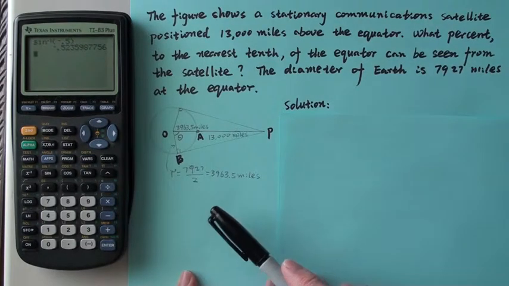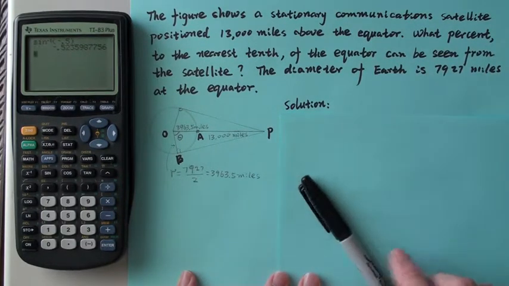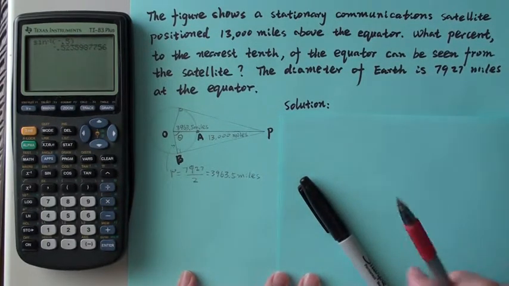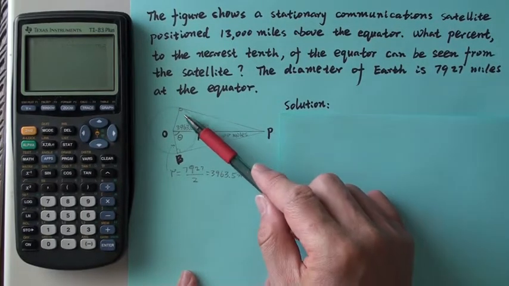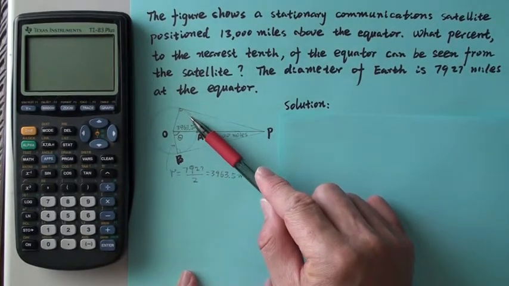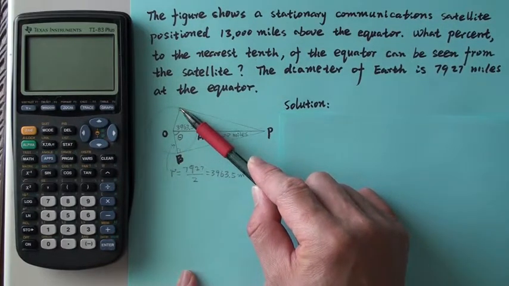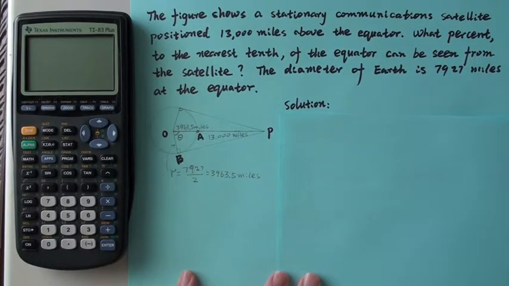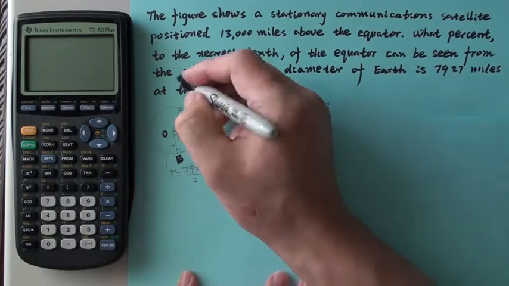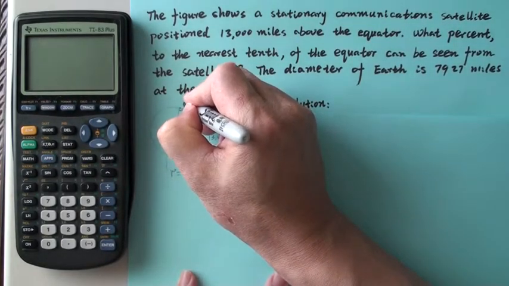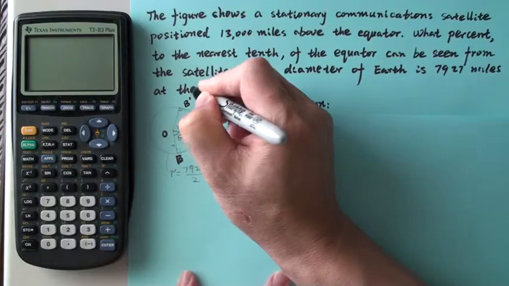First we need to figure out, from this point to this point, the length of the arc. Let me say this point is B prime.